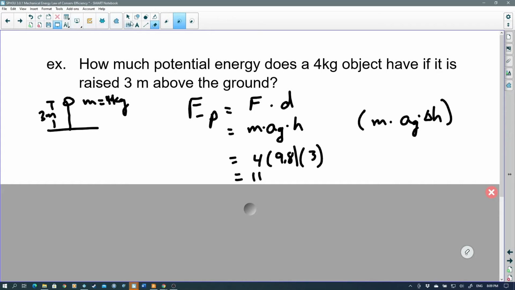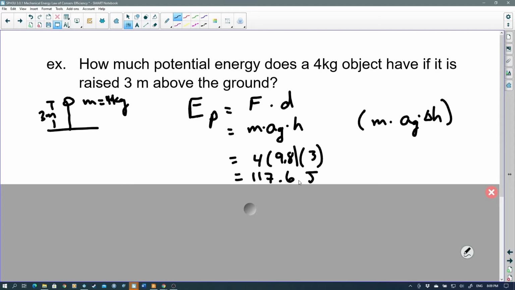I start talking and make a mistake in the numbers. 117.6 joules. Now, I want you to notice that energy and work do not have a vector symbol on top of them. Even though force and displacement are technically vectors, when you do the dot product of two vectors, you never end up with a vector, you end up with a scalar. So work and energy do not have vectors on them.